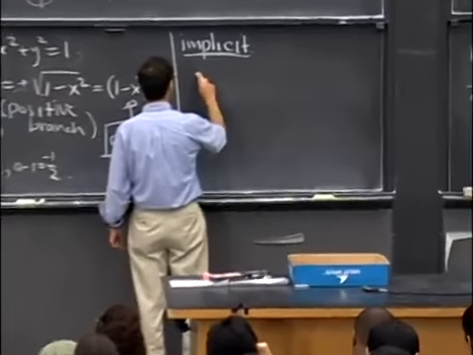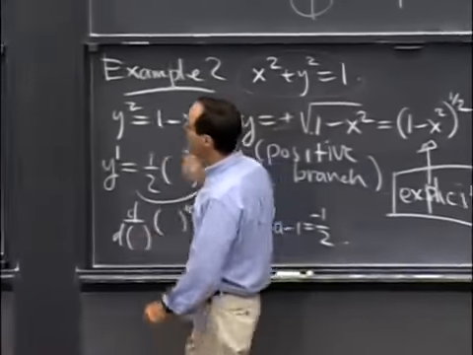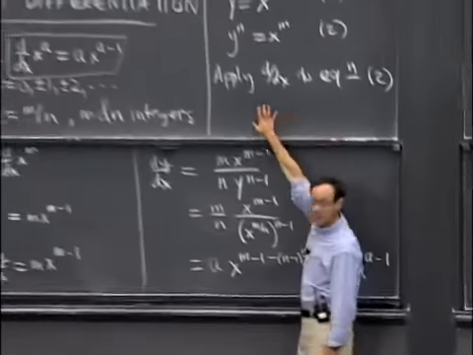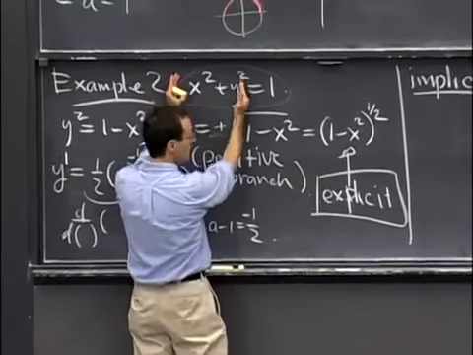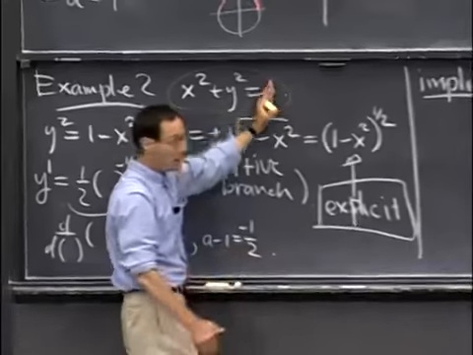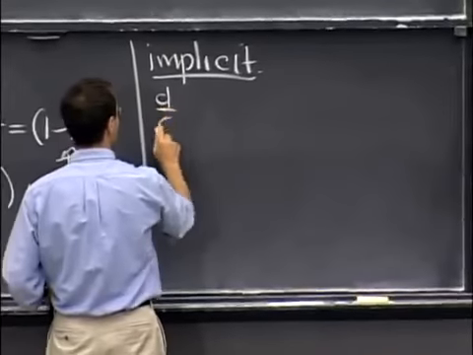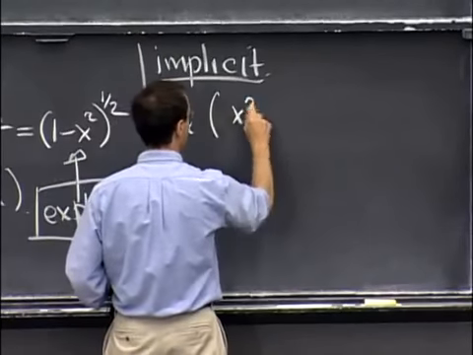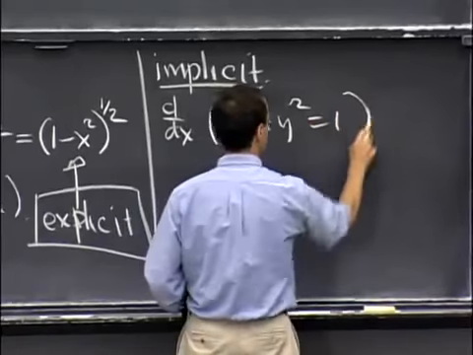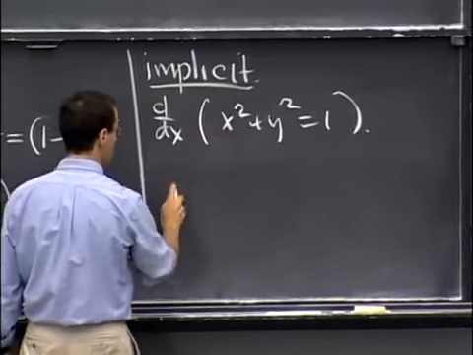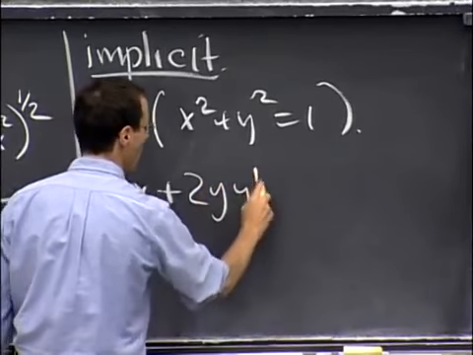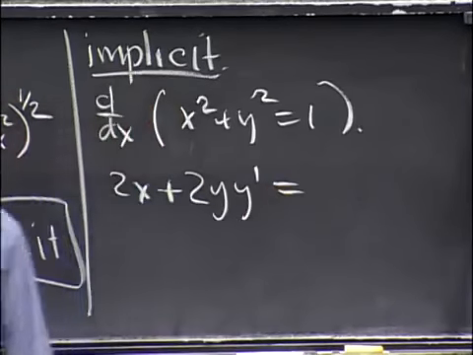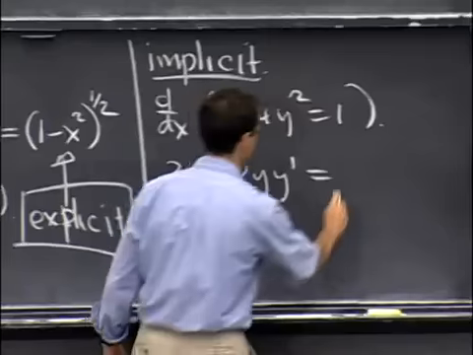So what happens? So again, what's the method? Let me remind you. You're applying d by dx to the equation. So you have to differentiate the left side of the equation and differentiate the right side of the equation. So it's this. And what you get is 2x plus 2y y prime is equal to what? 0.